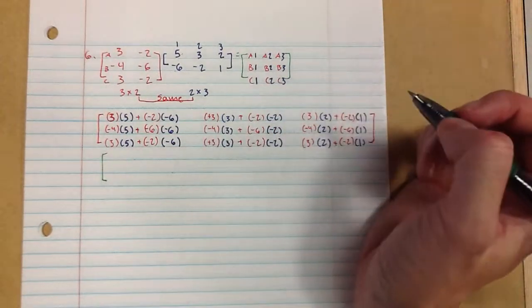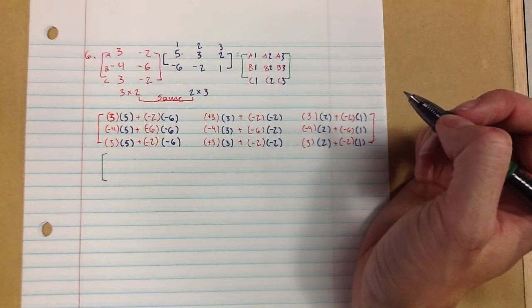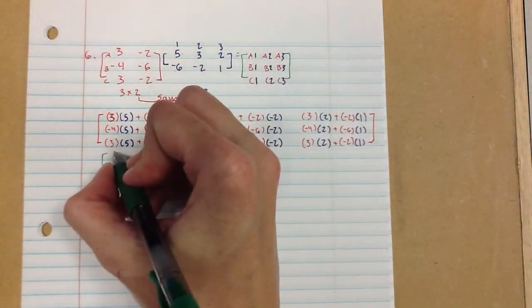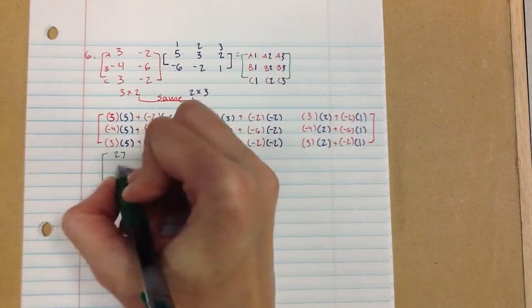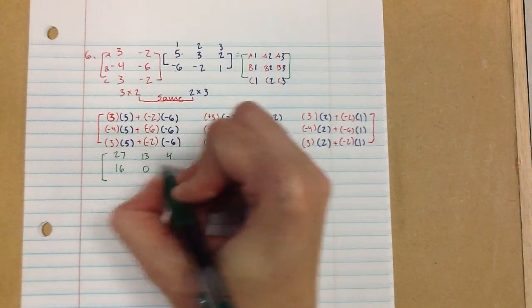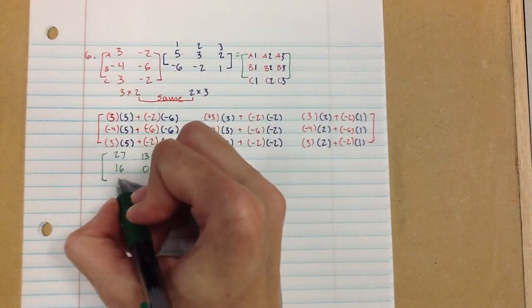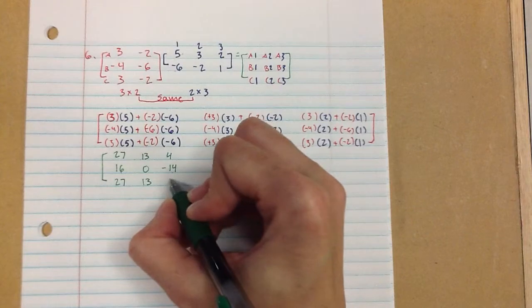Okay. 27, 13, 4, 16, 0, negative 14, 27, 13. Good. So we have 27, 13, 4, 16, 0, negative 14, 27, 13, 4.